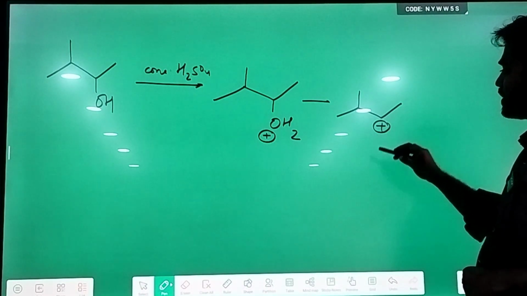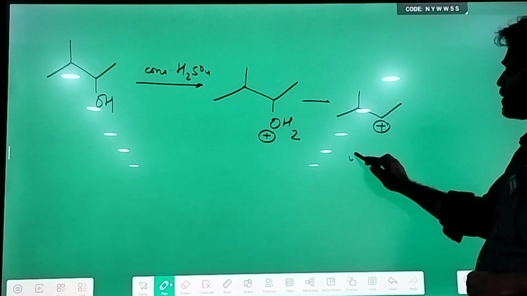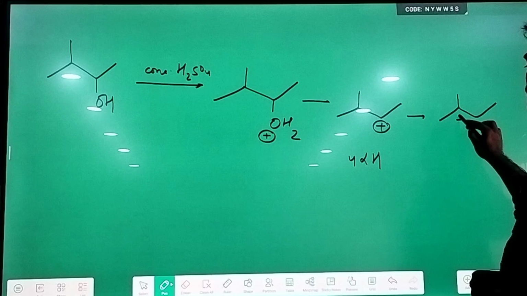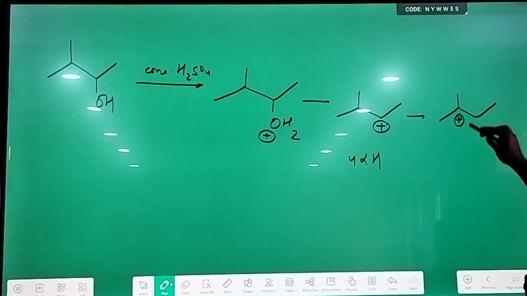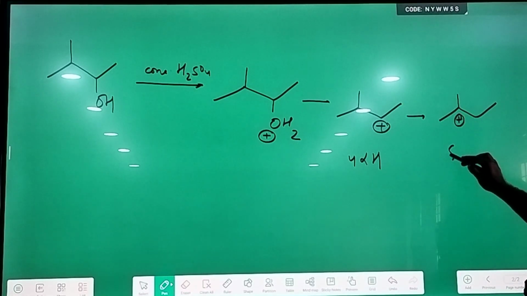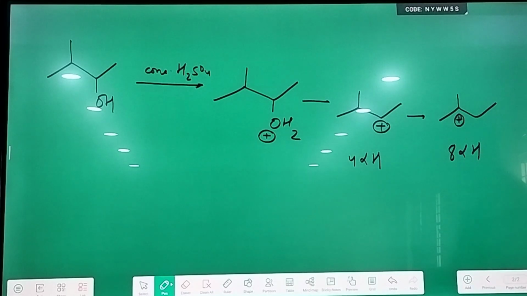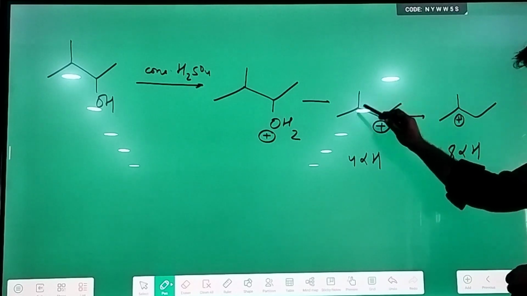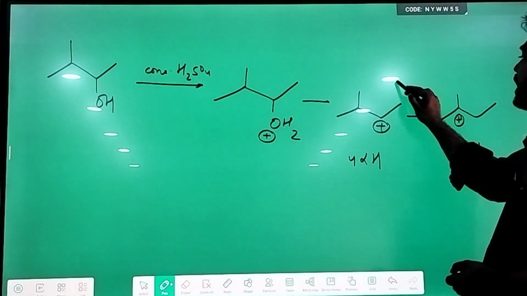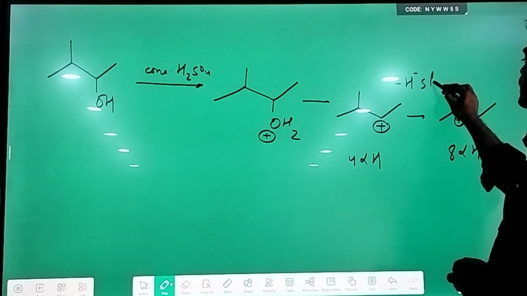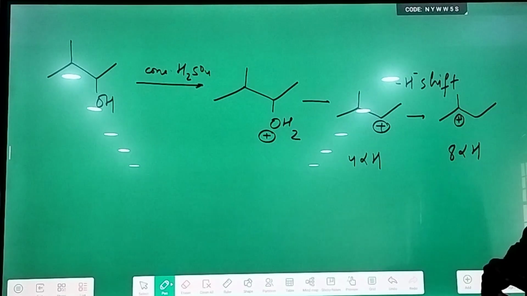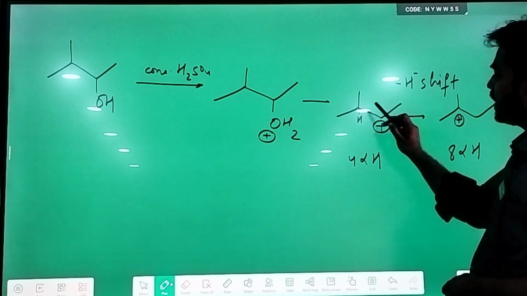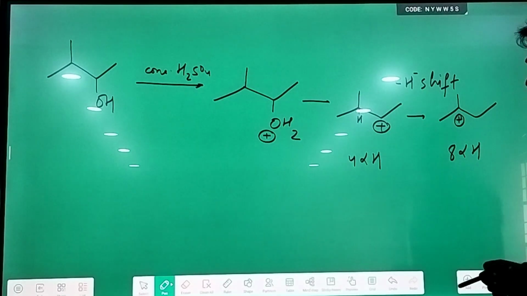We know that at this place it has 4 alpha H, and if it rearranges here, then it will have 3, 3, 6 into 8 alpha H. So due to increased stability, this carbocation will shift here. Which shift will occur? Hydride shift. H from here will move to this place, and this plus will move to the next place.